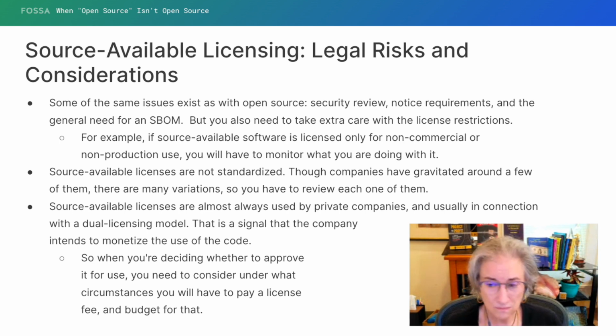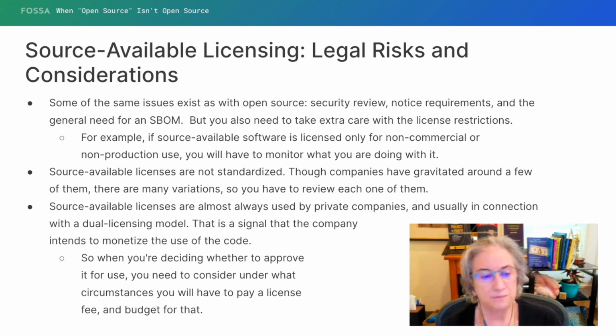So although there are hundreds of them, most of the software is under about 6 of them. And so it's very easy to make assumptions about what the license terms say and understand what the license terms say because there are actually so few of them that people use with any regularity. Source available licenses you have to review on an ad hoc basis, just like you would with a proprietary license.